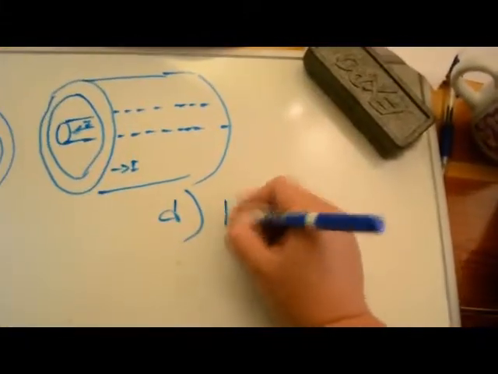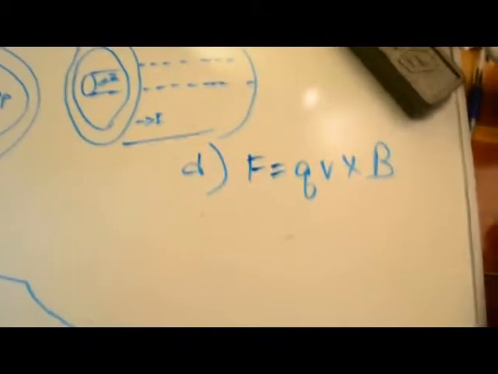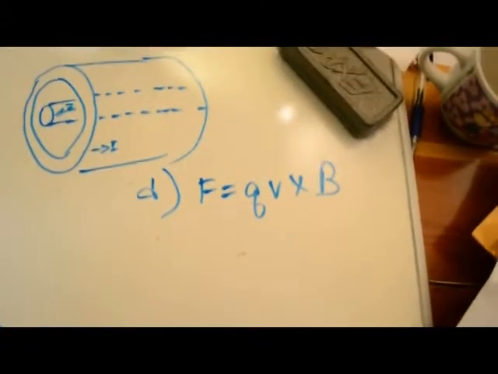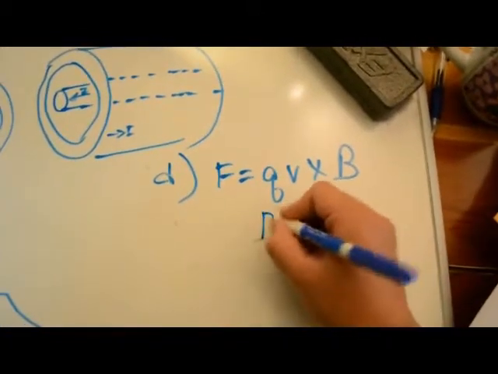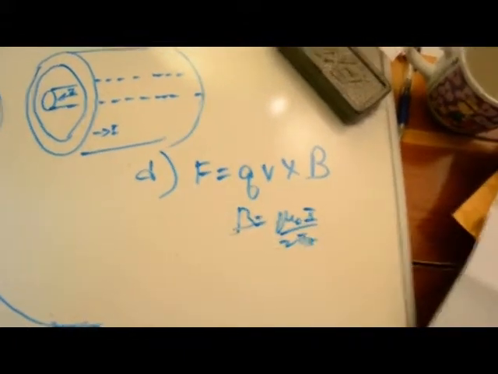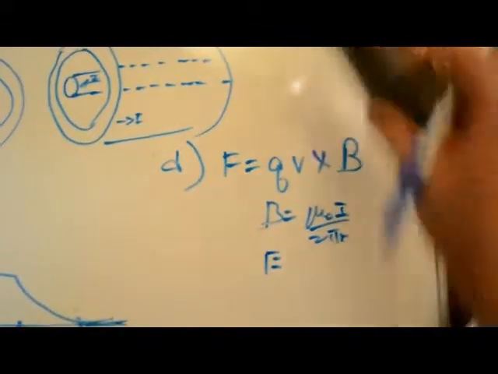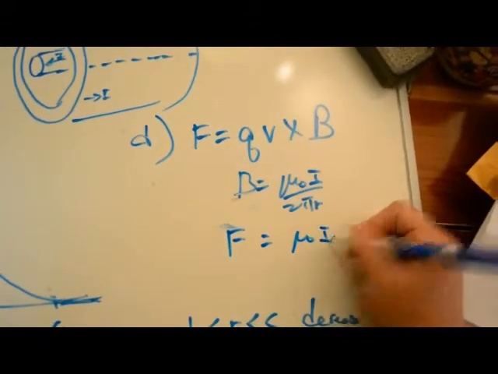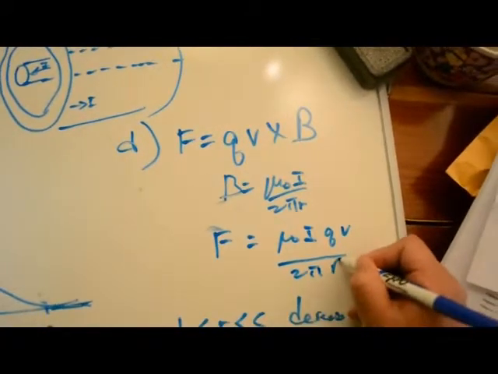So the force of magnetic field is equal to QV cross B. Now P is a point between A and B, so we can use the magnetic field equation we got from the second part of part A. So B is equal to mu naught I over 2 pi r. So we just substitute that in, so force is equal to mu naught I Q v over 2 pi r.